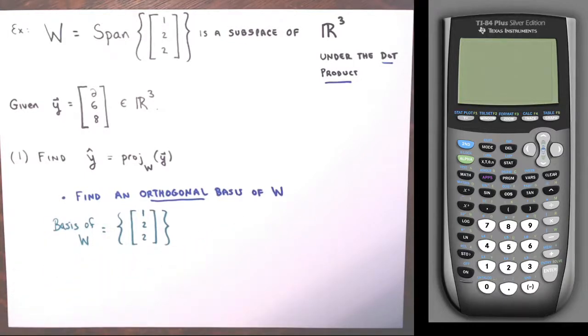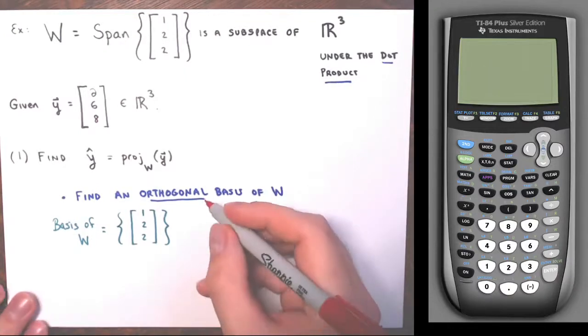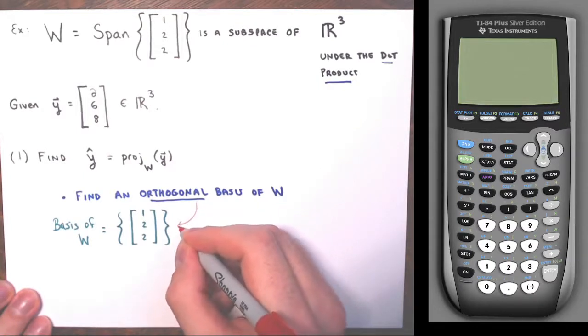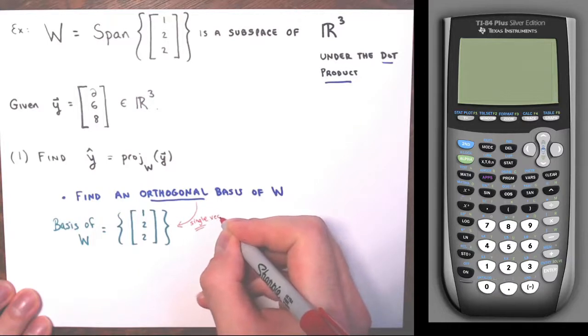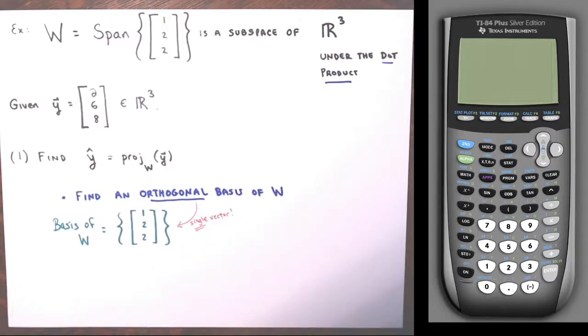So I guess we could say vacuously that this is an orthogonal basis. Any basis with a single vector we could treat as orthogonal.